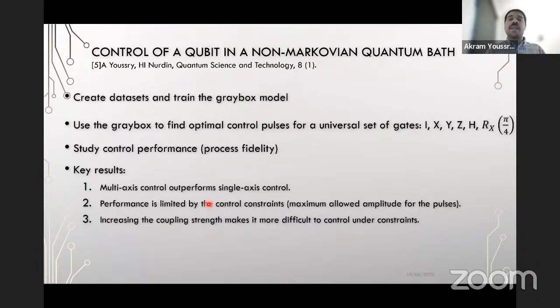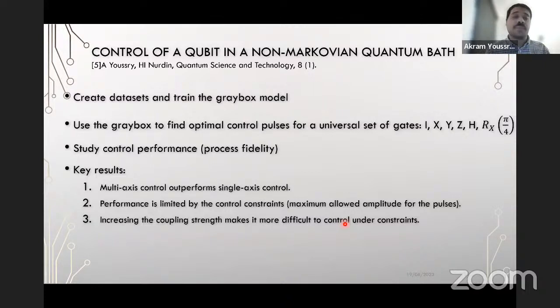If I'm working in the lab and I have a microwave generator with a maximum power, and I find that my maximum power is not giving me the fidelity that I need, then my conclusion should be, okay, let's replace this microwave generator with one with higher power. Or maybe in another situation, it's not the power, maybe it's the evolution time. So this study of controllability is very important, and we need to focus on it more as researchers.